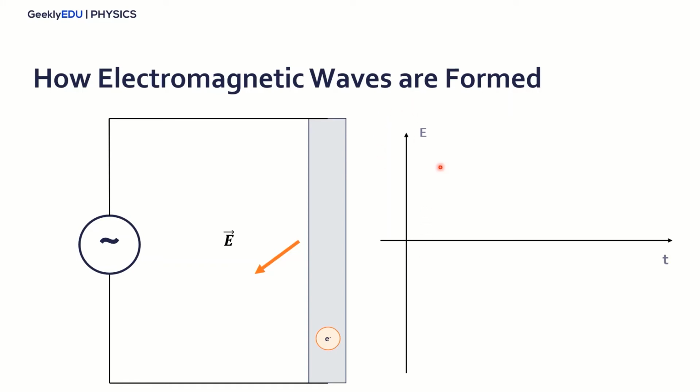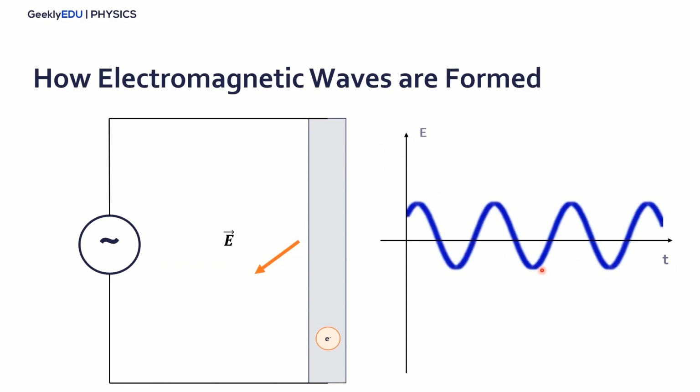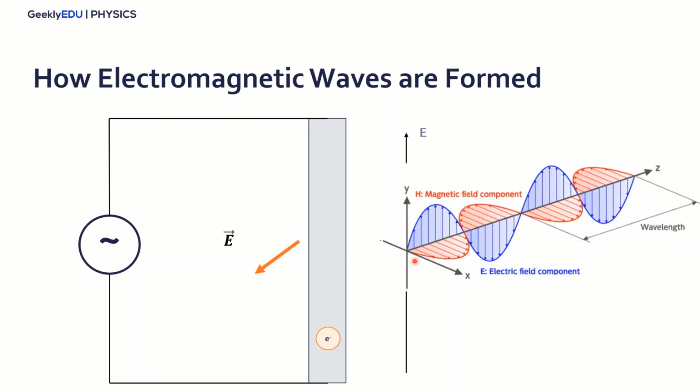If we plot this electric field over time, we have something like this, a sinusoid. And according to Maxwell's equations, this change in the electric field produced by this moving charge induces a magnetic field.